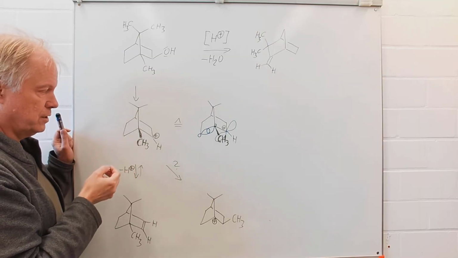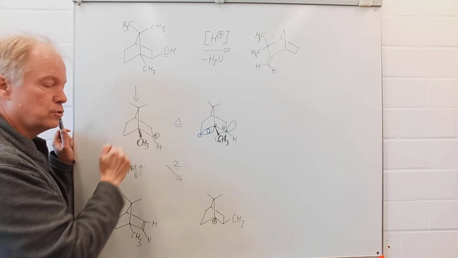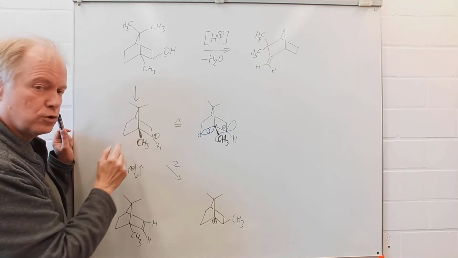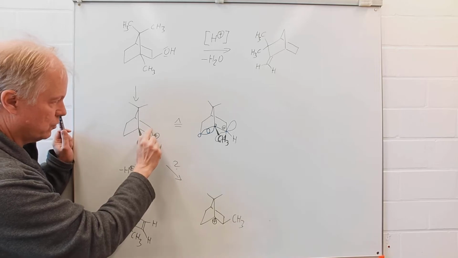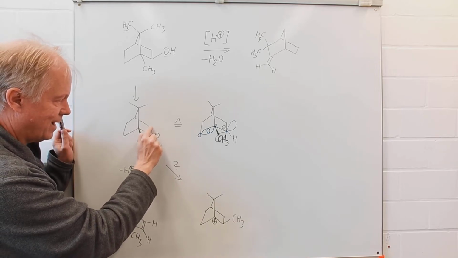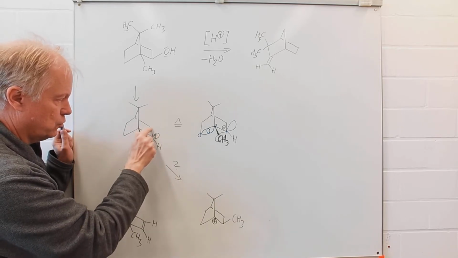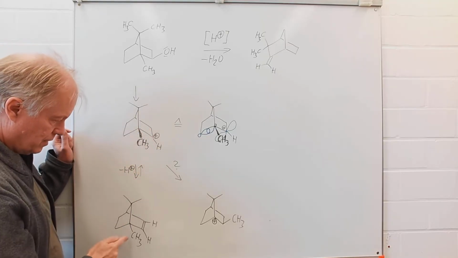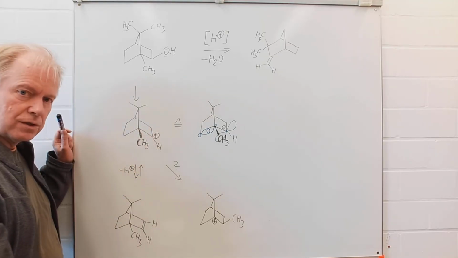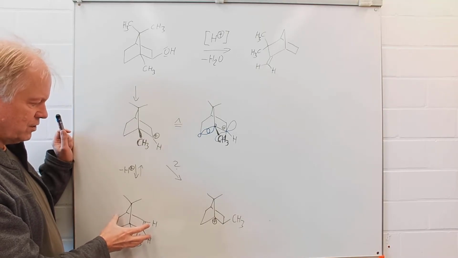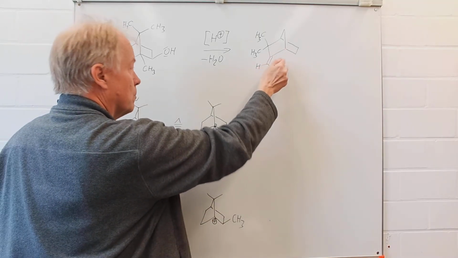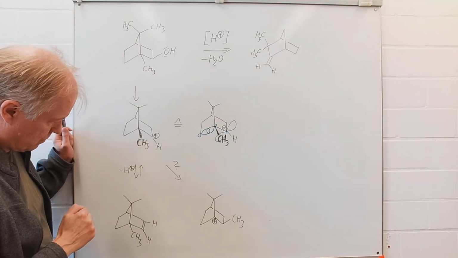This wants to be stabilized. One possibility is by deprotonation to get to a charge neutral molecule, this one. So deprotonation at that CH2 group here will lead to this side product. But with this side product we are still far away from our target molecule.